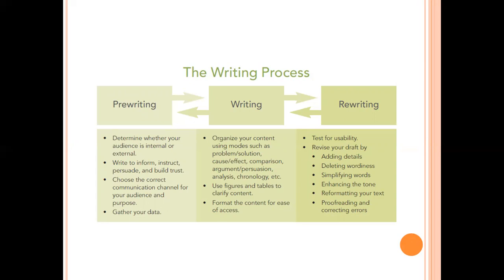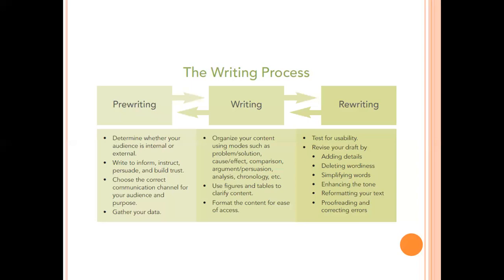Format the content for ease of access. This is what you do in the writing. Then the last step, which is rewriting, calls for a test for usability. Revise your draft by adding details, deleting wordiness, simplifying words, enhancing the tone, reformatting your text, proofreading, and correcting errors.